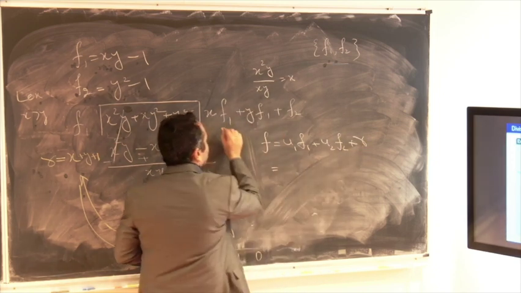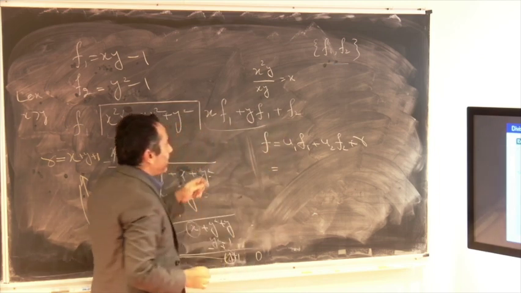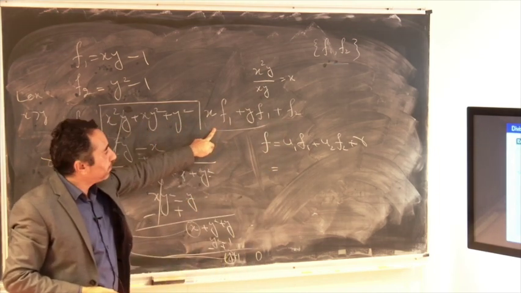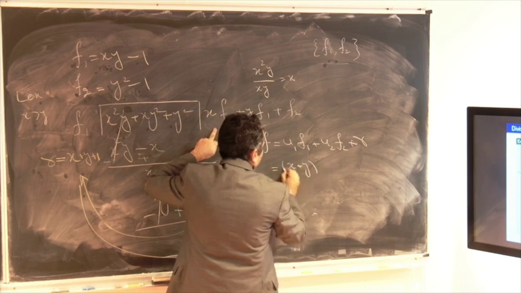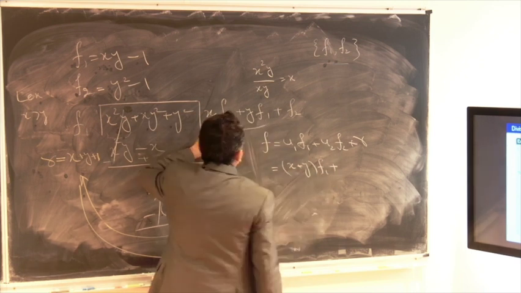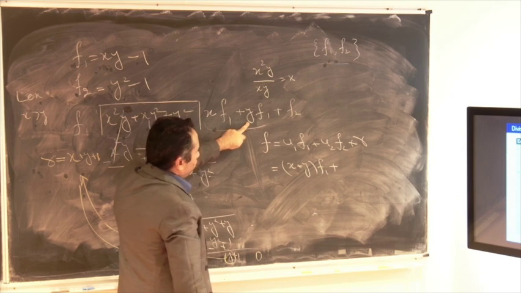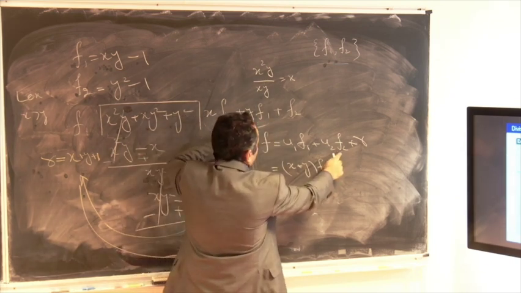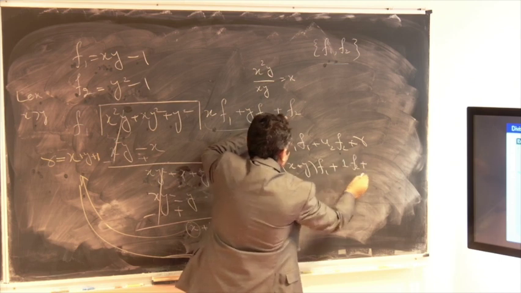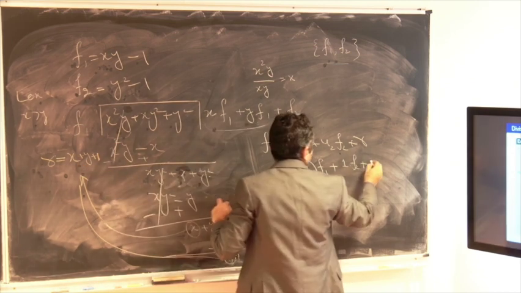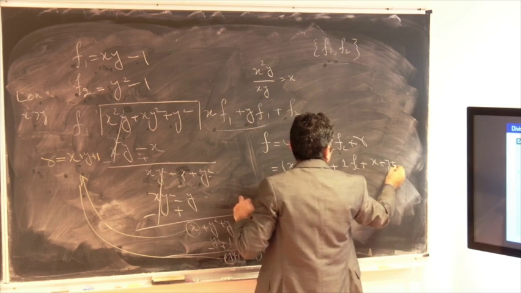Here u1, we can get it from the multiples of f1, and here the multiple of f1 is x plus y times f1 plus f1 f2 plus f2, so the multiple of f2 is 1 times f2, plus we have this remainder x plus y plus 1.